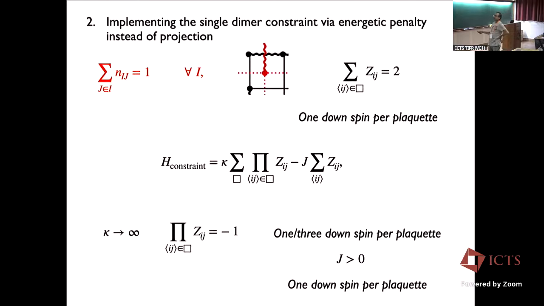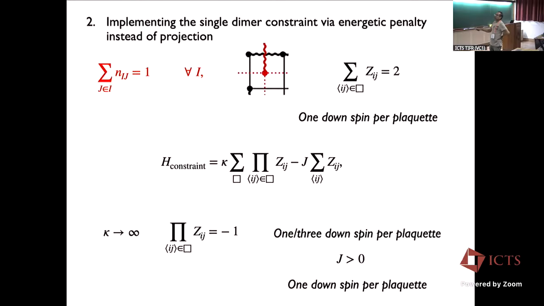The first term is to take a plaquette of the dual lattice, which is this black lattice, and take the product of all the Z sitting on the bonds, and weigh it with a positive amplitude.